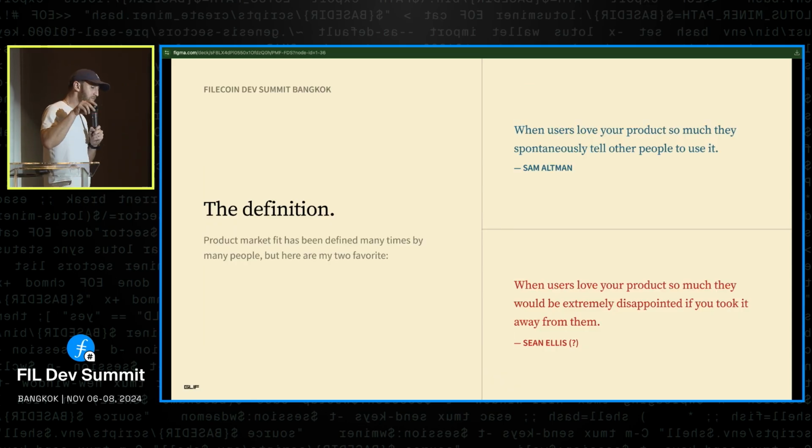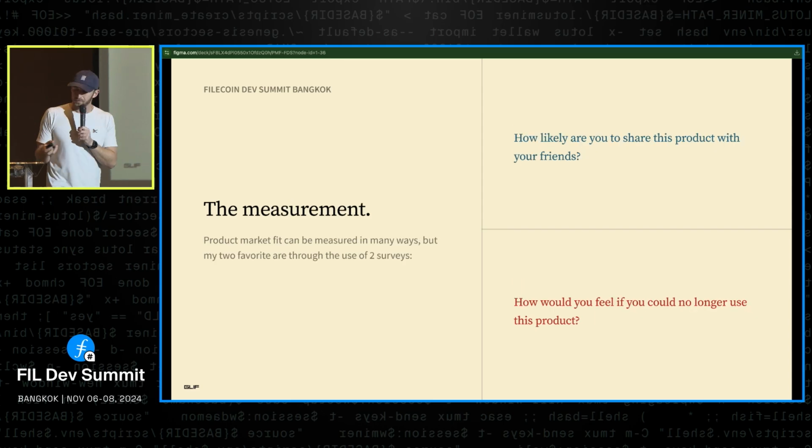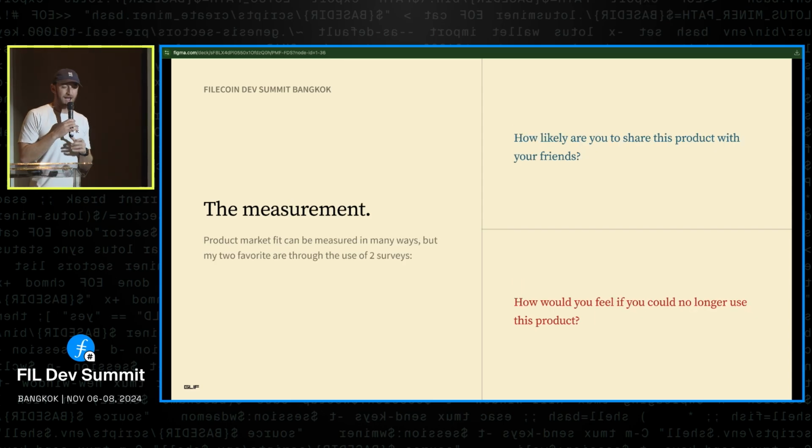And so when we want to measure product market fit, it's really easy. You just flip these into questions. When you want to know how good your product is for shareability, you can sometimes just measure it. Also, you can ask, how likely are you to share this product with your friends? And same with the second question, how disappointed would you be if we took this product away from you?